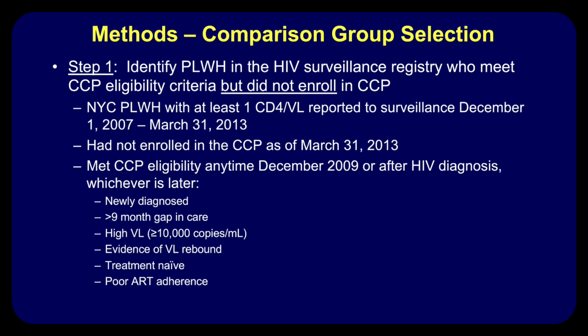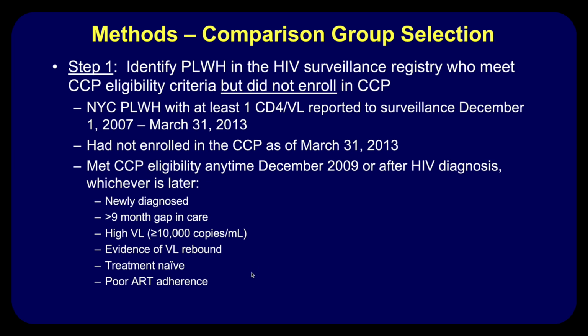And so just to give you an idea how we did this, we identified people who had at least one laboratory report during the study period. And the other criteria included that they had not enrolled in the care coordination program as of March 31, 2013. And then we applied the eligibility criteria for care coordination using the data that was available in the surveillance registry.